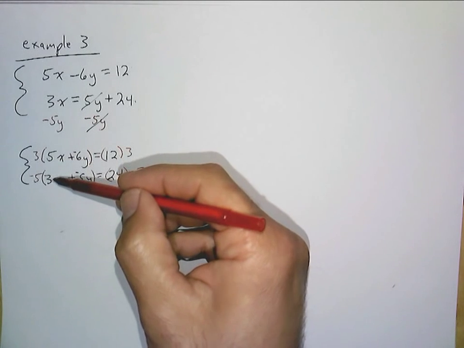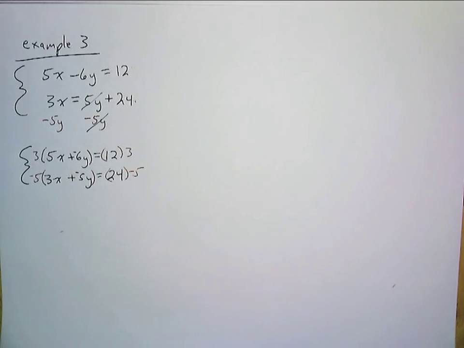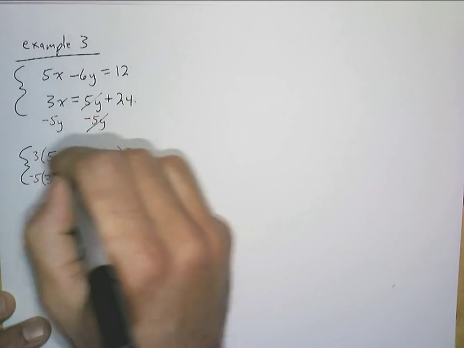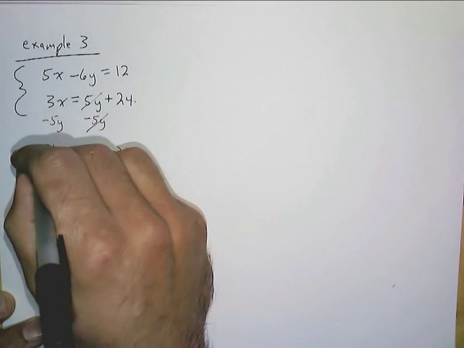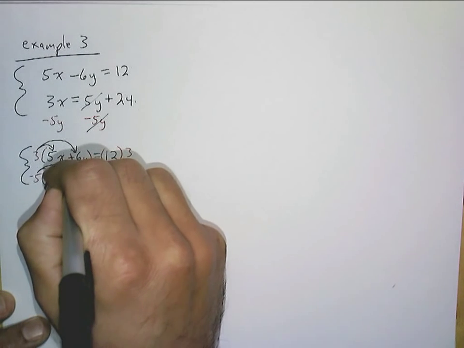So 15x plus negative 15x, those are going to go away. Of course, don't forget that you're multiplying the entire side of the equation.